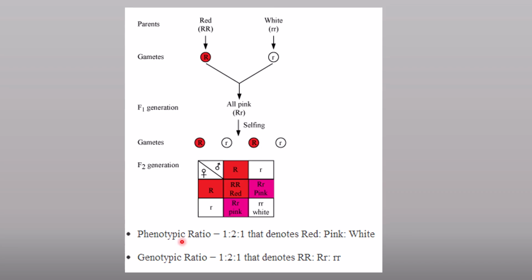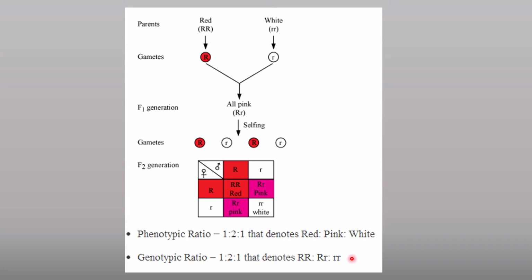So the phenotypic ratio is 1:2:1, denoting one out of four progenies were red, two out of four were pink, and one was white. The genotypic ratio also remains 1:2:1, denoting homozygous dominant, heterozygous, and then homozygous recessive alleles.